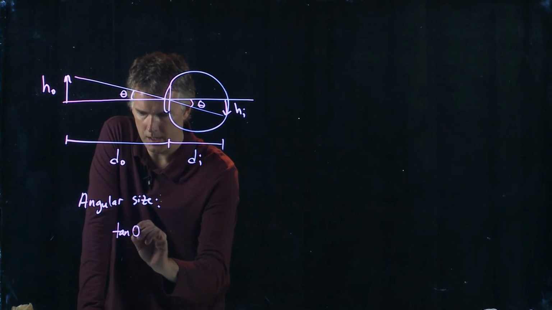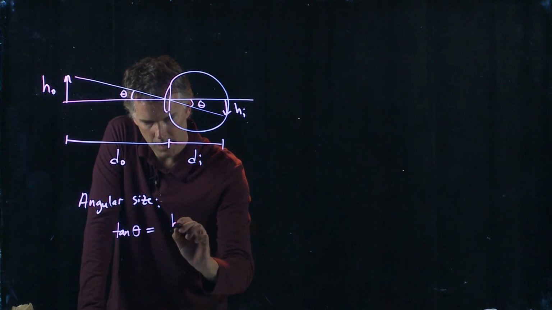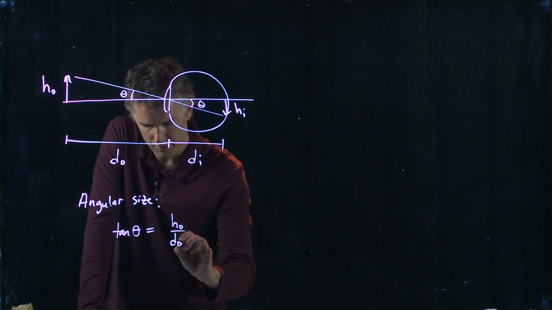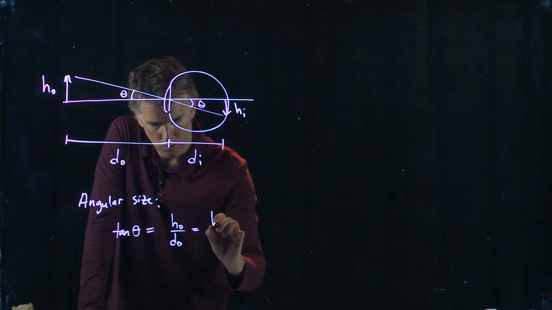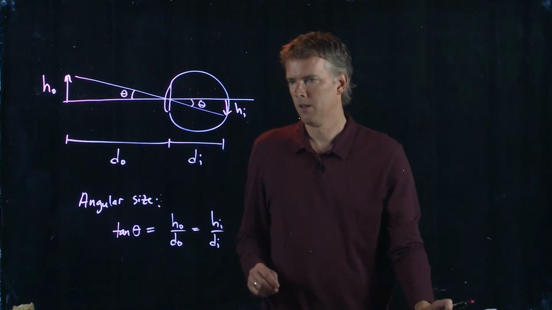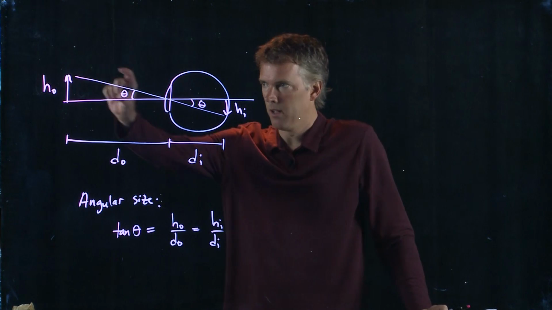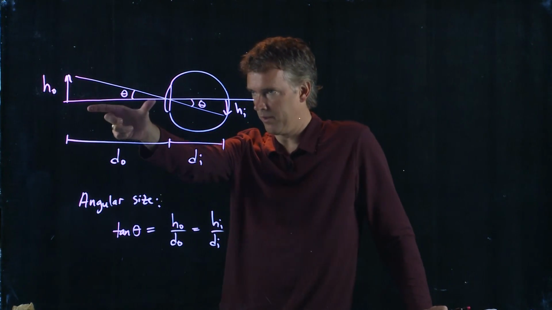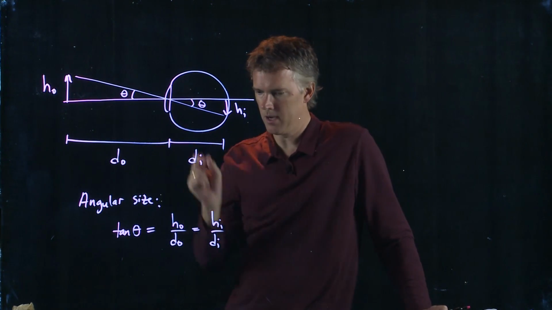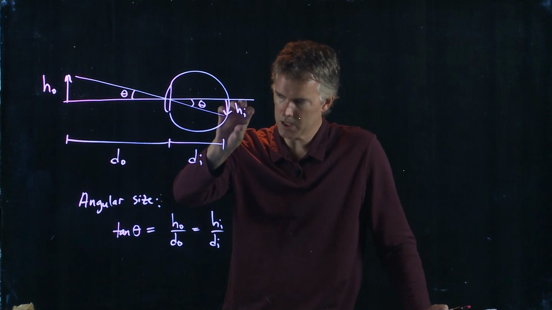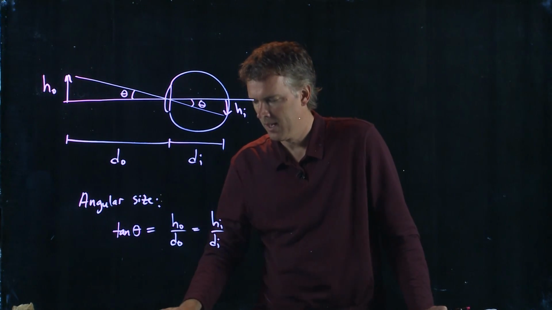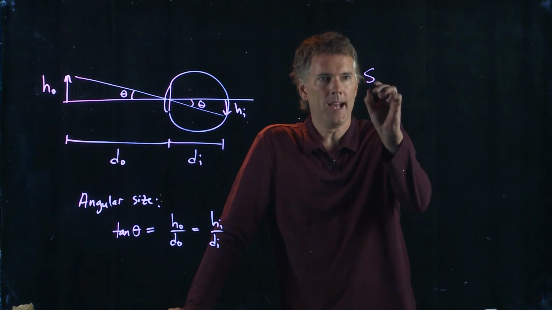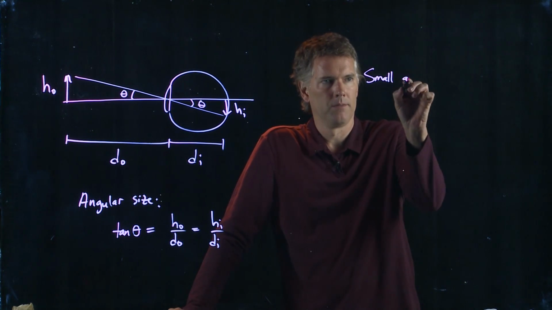Tangent of theta is HO over DO, or HI over DI, right? Tangent is this side of the triangle over this side of the triangle, HO over DO, which is the same as HI over DI.